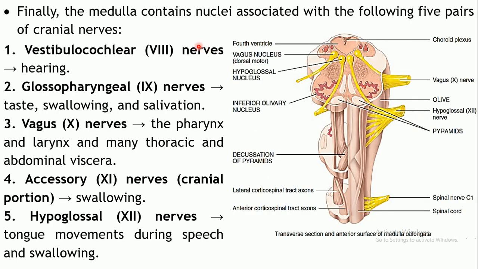Apart from that, the medulla also contains nuclei which have associations with 5 pairs of the cranial nerves.